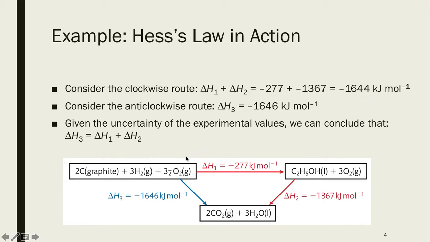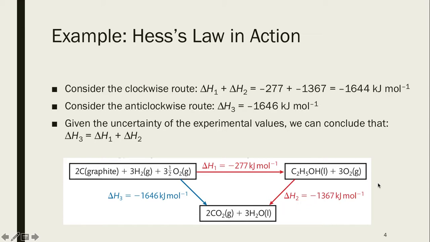If we consider the anti-clockwise route, which is in blue, its enthalpy is negative 1646 kilojoules per mole. So, given the uncertainty of the experimental values, we can conclude that our enthalpy delta H3 is equal to the sum of enthalpies 1 and 2, delta H1 and delta H2 added together.